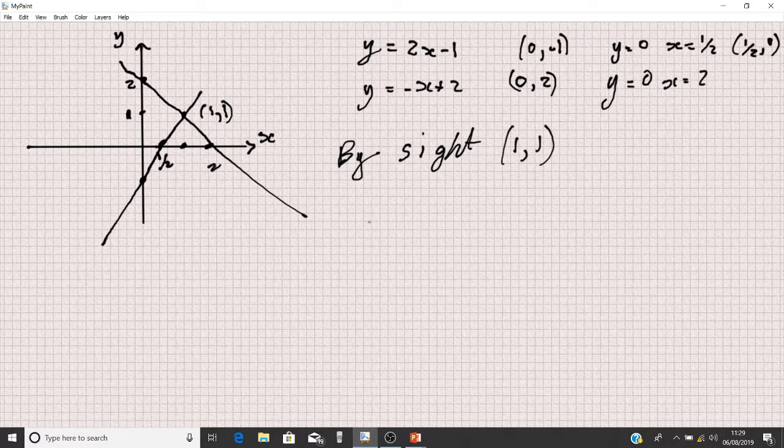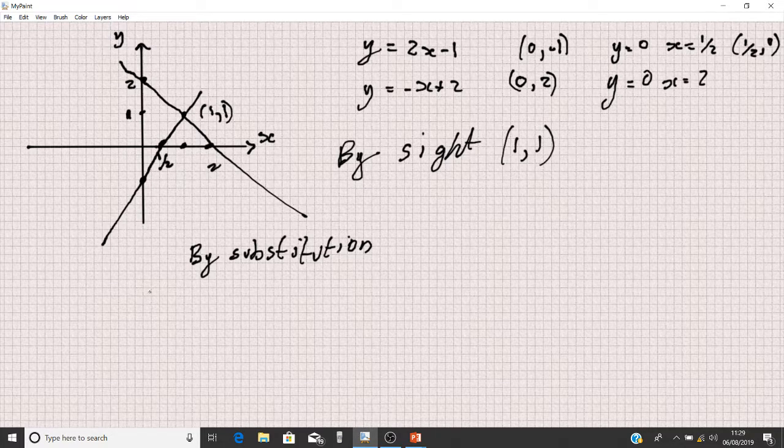Let's just check that by substitution, because I'm not happy with the drawing. What we're doing is we're saying the point y is common to both lines.